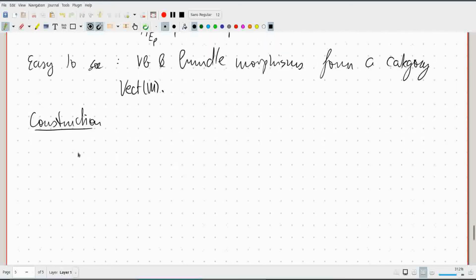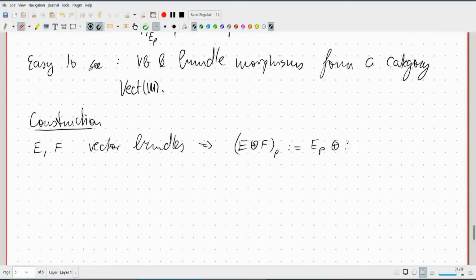If E and F are vector bundles, then we get the vector bundle E direct sum F. We define the fiber in any point to be the direct sum of the fiber of E and the fiber of F. Then we can define a tensor product where we do a similar definition on fibers.